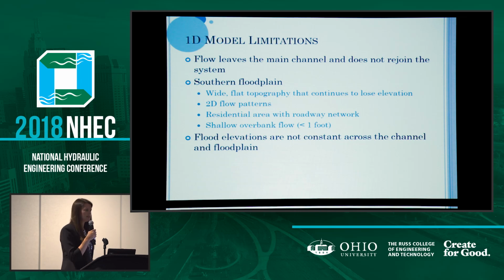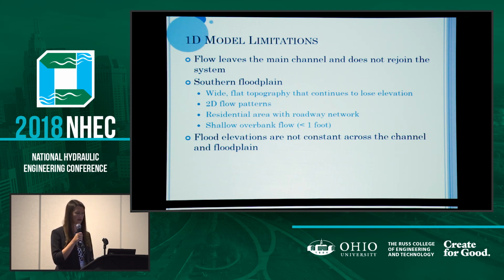Okay, so we have some 1D limitations we need to address. First, during flood events, flood flows leave the creek and do not rejoin the system. It's essentially lost to that southern floodplain and does not continue in a downstream direction. Second, the topography of the southern floodplain is extremely flat and does not contain the flow.